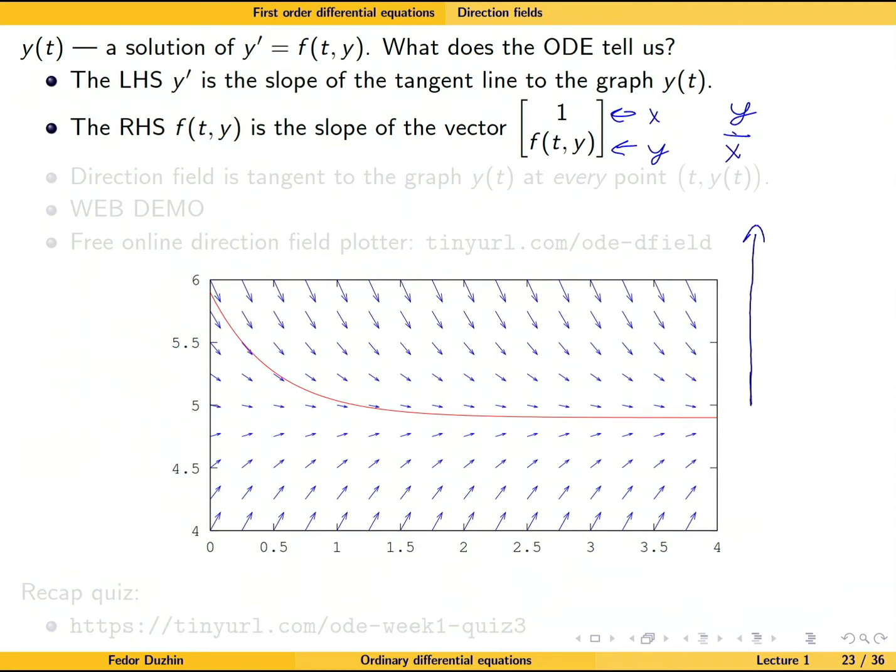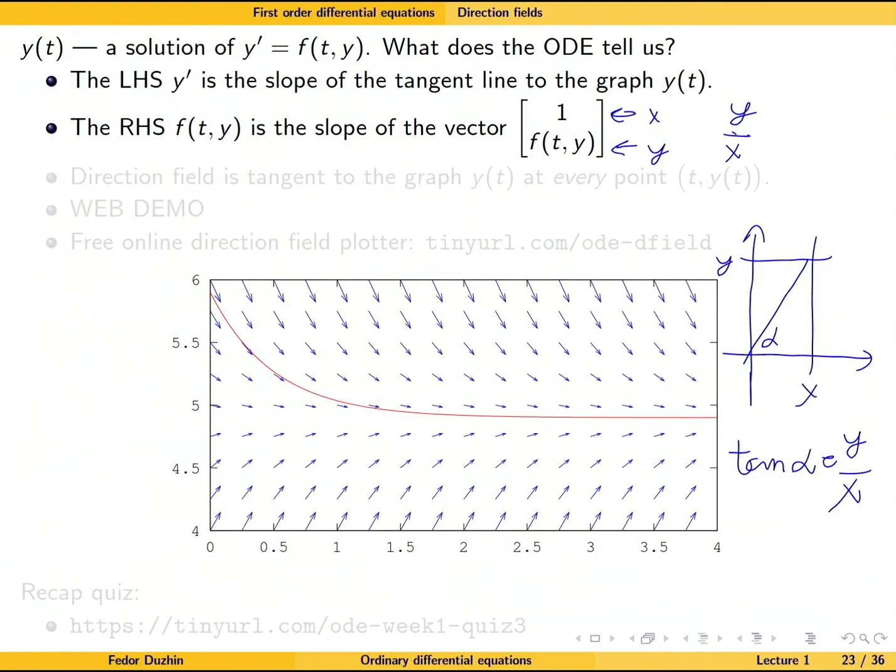y over x is the slope, right? Because if this is y, this is x, then the slope, or the tangent of this angle, is exactly y over x. So the bigger the ratio, the steeper the slope. The smaller the ratio, the more horizontal.